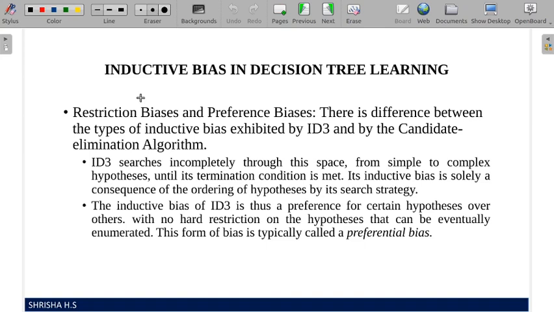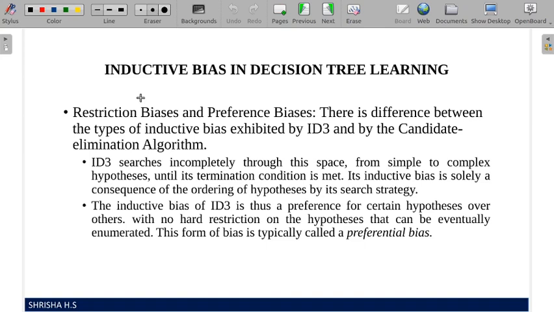We have different trees possible for a given data set, just like different hypotheses. ID3 constructs a tree equivalent to picking one among all possible trees which is shorter and has the required ordering of information gain. So this is the ID3 search characteristic.